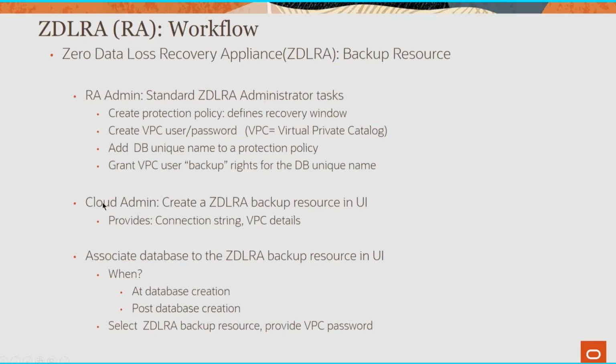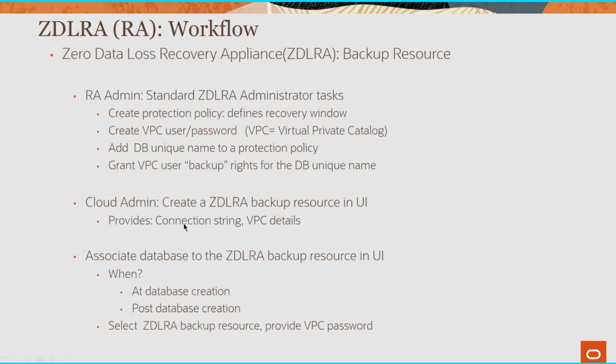The second step, which we'll also demo, is the cloud administrator's part, which is to create a backup destination, which is an RA backup resource through the UI. This resource is in the compartment and it's outside of the particular Exadata infrastructure and the databases, so this resource can be used for different Exadata infrastructures within the same compartment.